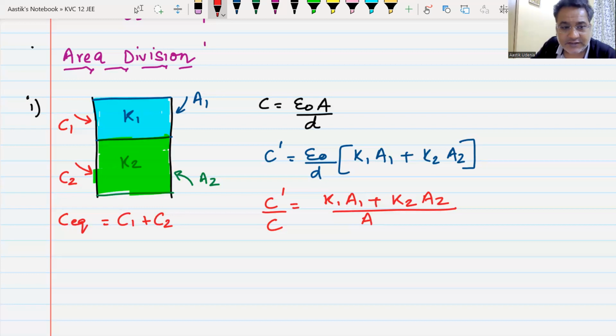distance division, but there is one more thing that can be done, and we will do that before moving on to problems. Next case is inserting a metallic slab between the capacitor plates.